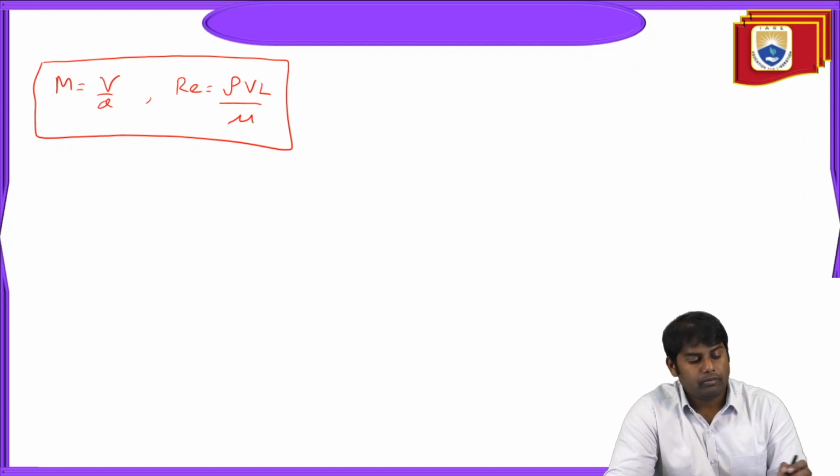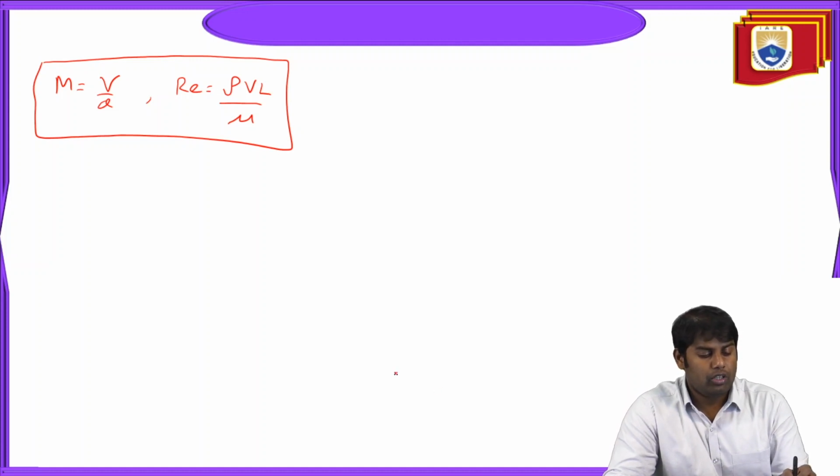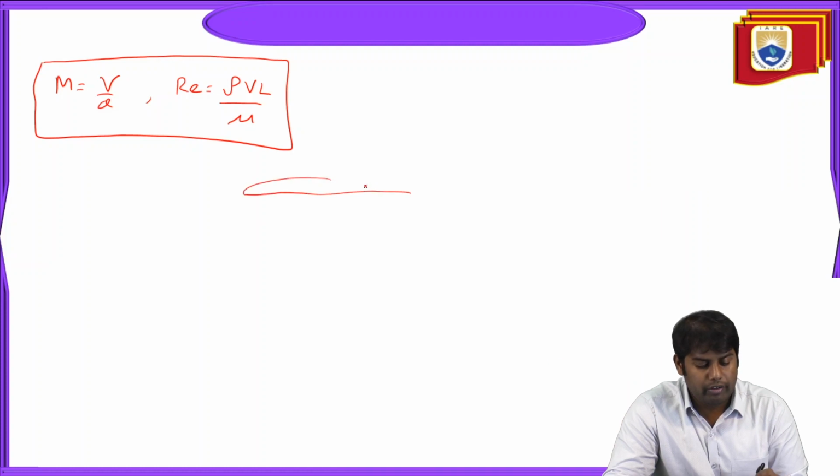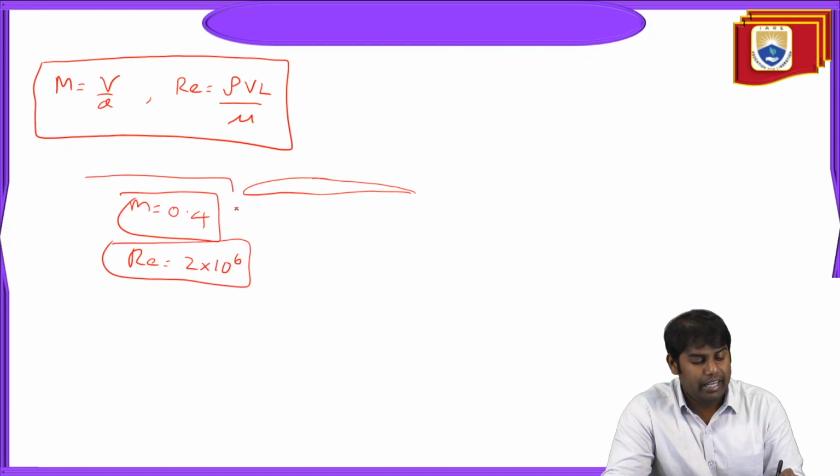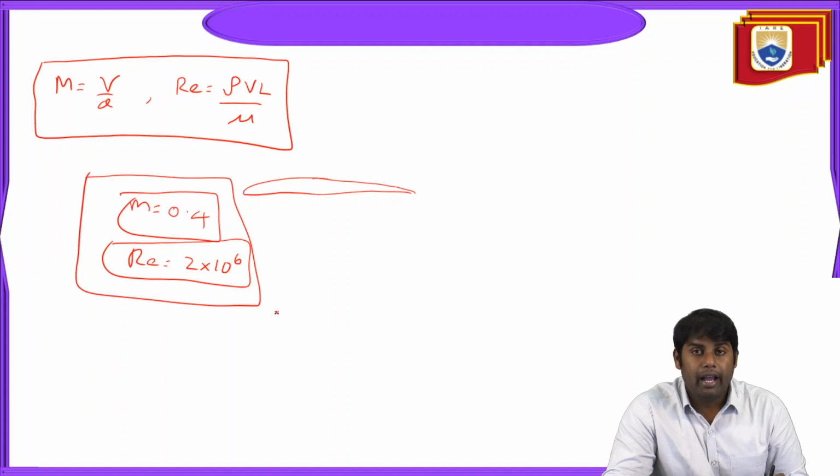Okay, now when we see M is equal to V by A, Re is equal to rho V L by mu, so we are performing an experiment for an airfoil. So when you are doing, let's say, Mach number M is equal to 0.4, and Re is equal to 2 into 10 power 6, this same thing has to be used for both experimental and numerical.